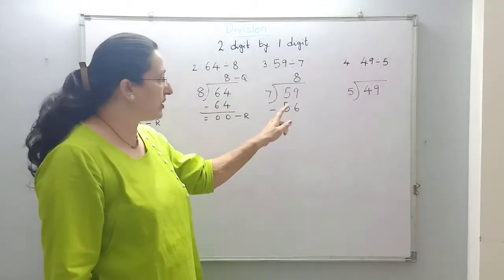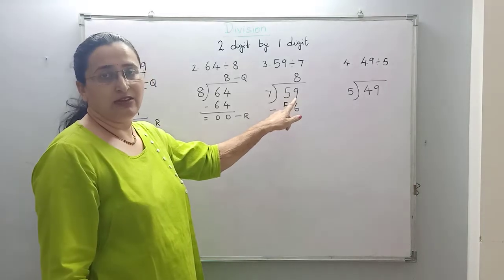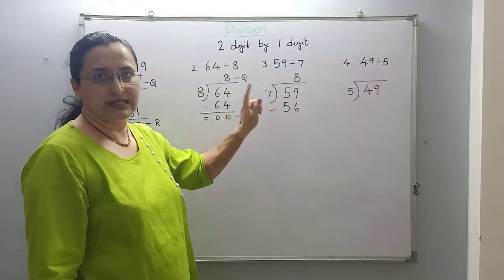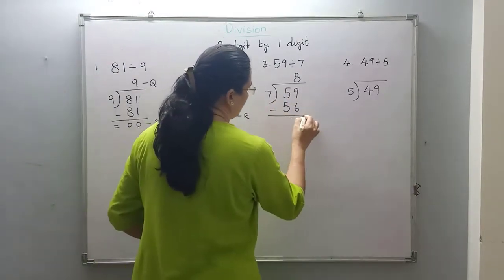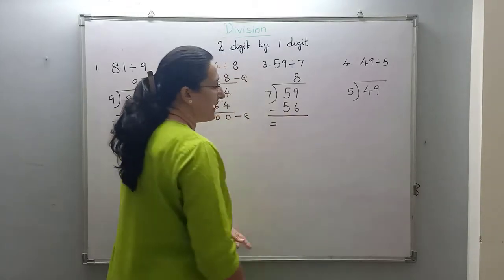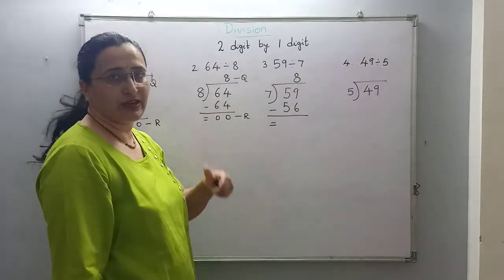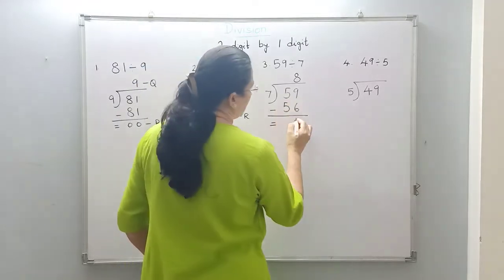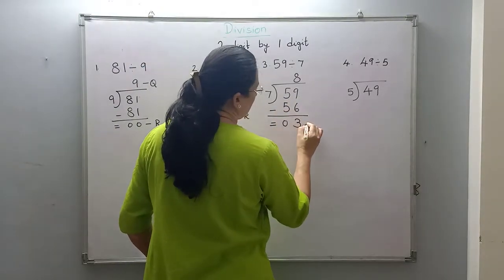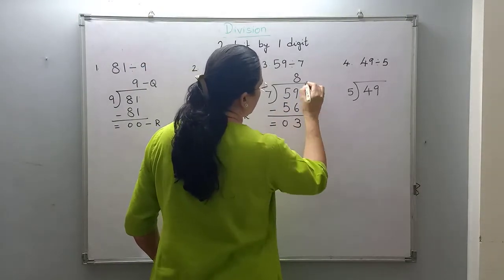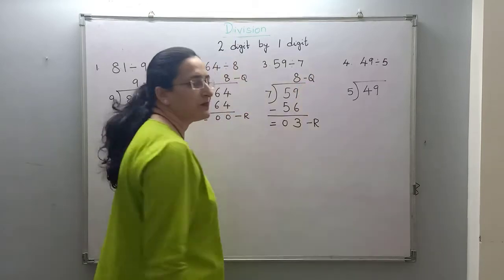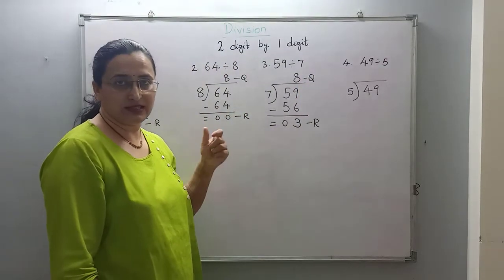We cannot go because 59 is smaller than 63. So we are going to subtract 56 from 59. So here we have got a remainder as 3 and quotient as 8.